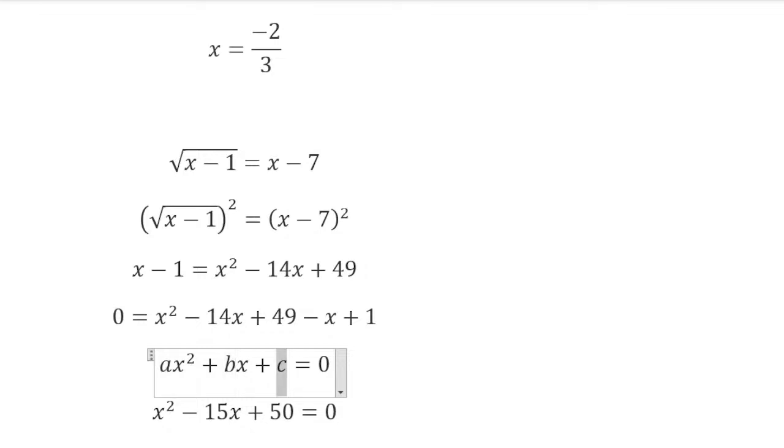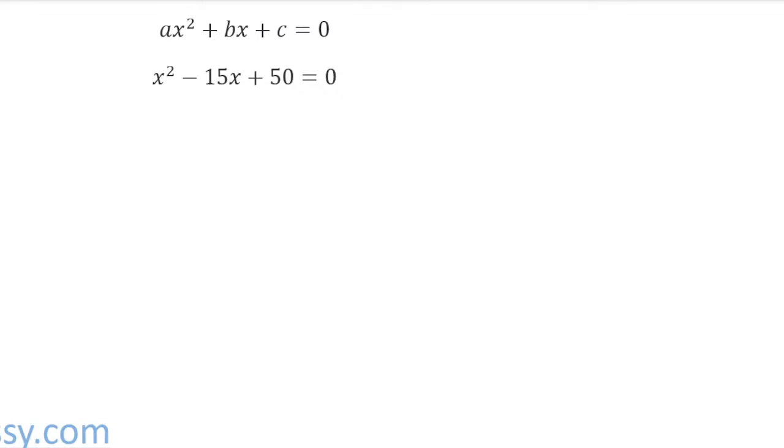Since we were not told to correct to two decimal places, it means we have the factors of this equation. So what are the factors of 50 that can give us 15? All right, so now let's write the factors of 50. Factors of 50, we have 1, 2, 5, 10, 25, and 50, right?